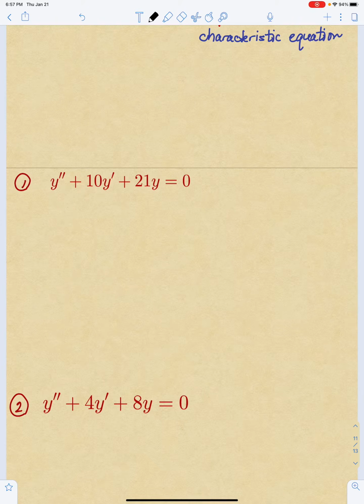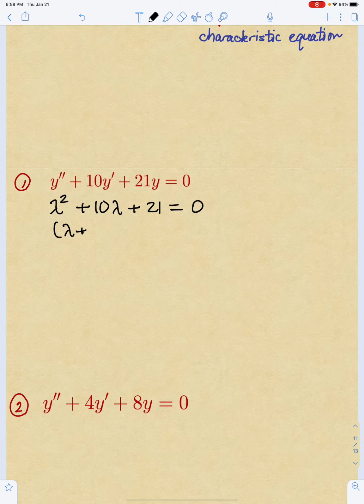So here's a differential equation, again, constant coefficients. So that means that the characteristic equation boils down to lambda squared plus 10 lambda plus 21 equals 0. And that expression easily factors to lambda plus 7 and lambda plus 3, which means lambda equals -7 or -3.